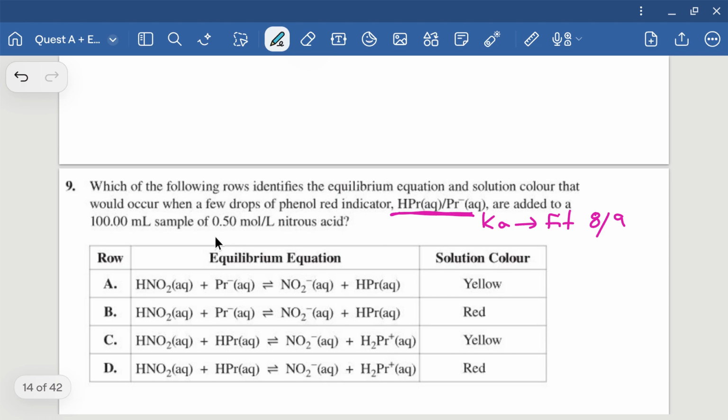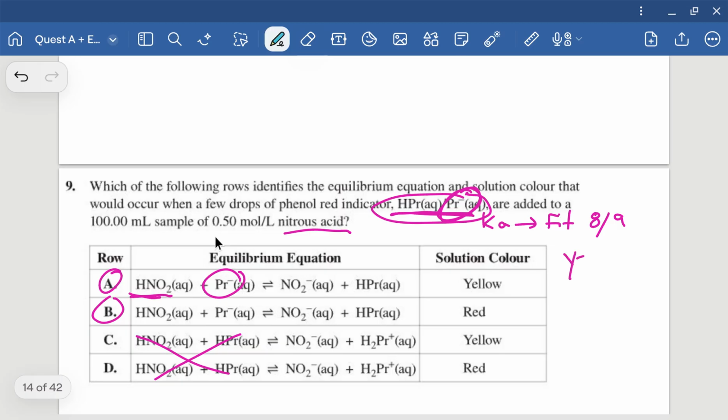Then we're asked which one will show what will happen if you add a few drops to nitrous acid. You have to have nitrous acid reacting, but this is like a buffer, so the acid is going to react with the base part of the buffer. So these reactions would not happen. It's one of these, and they're the same, so it's either A or B, and then you look at the color.